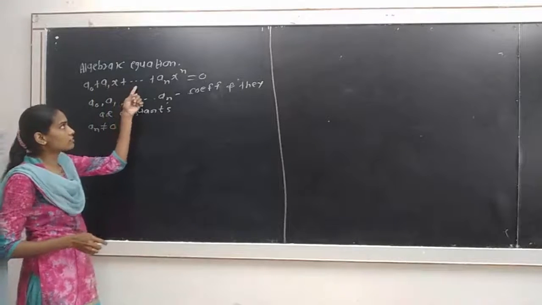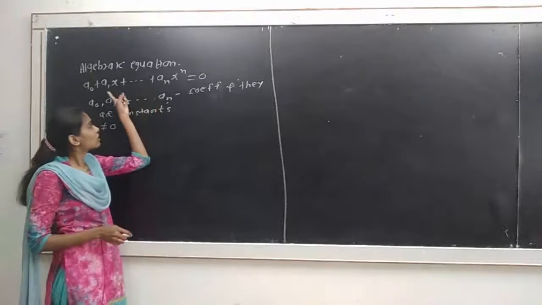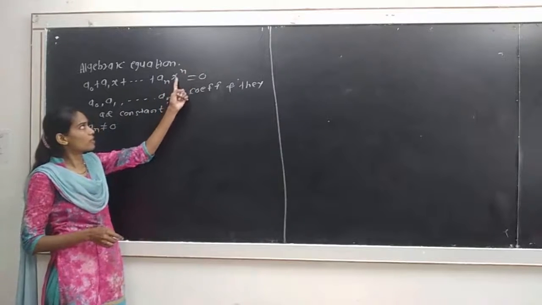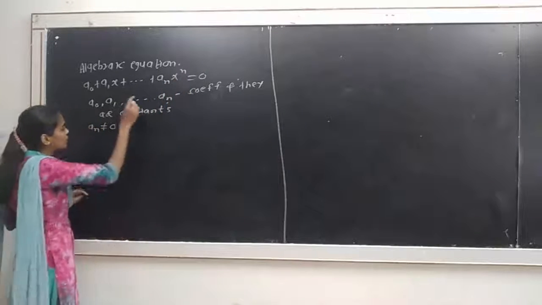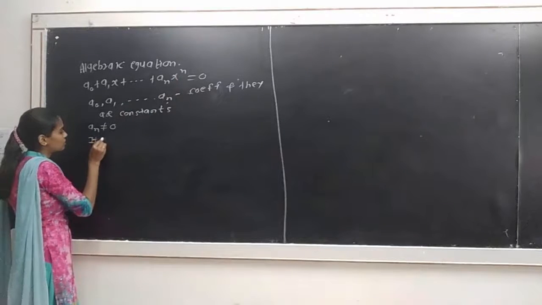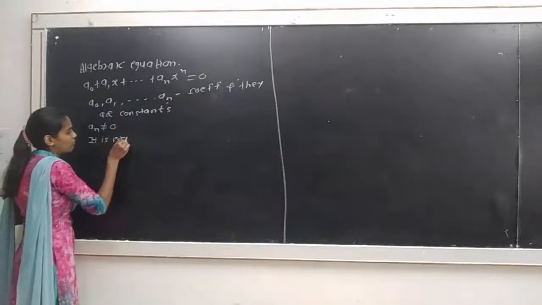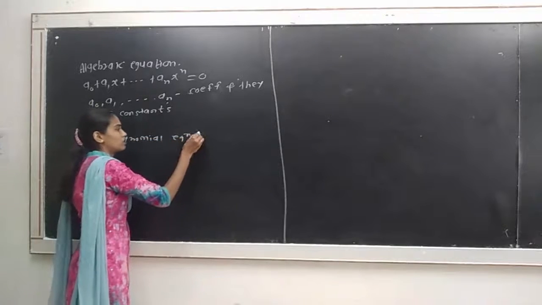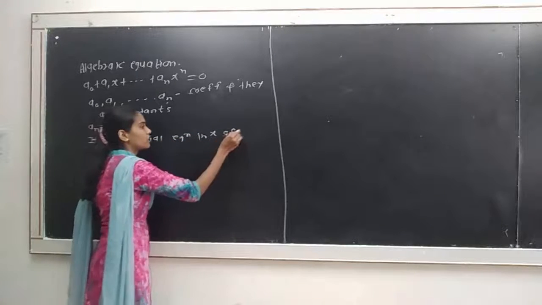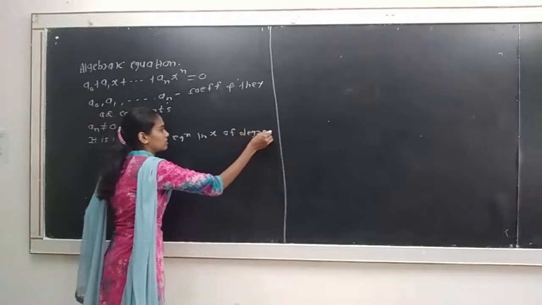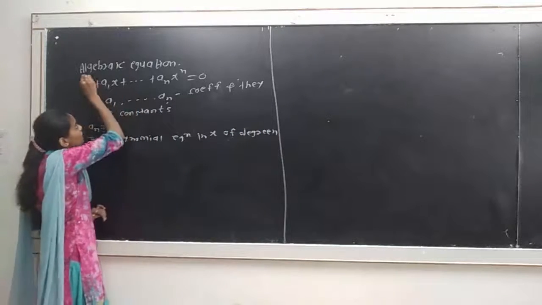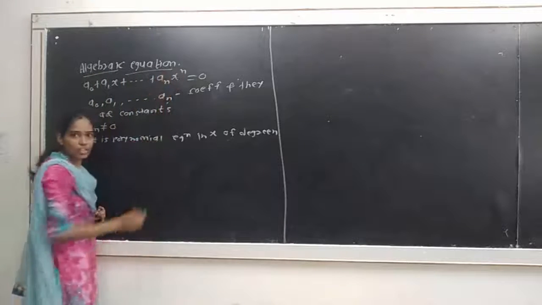Here we consider a polynomial equation of degree n. Here the highest power of x will be n, therefore it is a polynomial equation in x of degree n. This form of equations is called the algebraic equation.